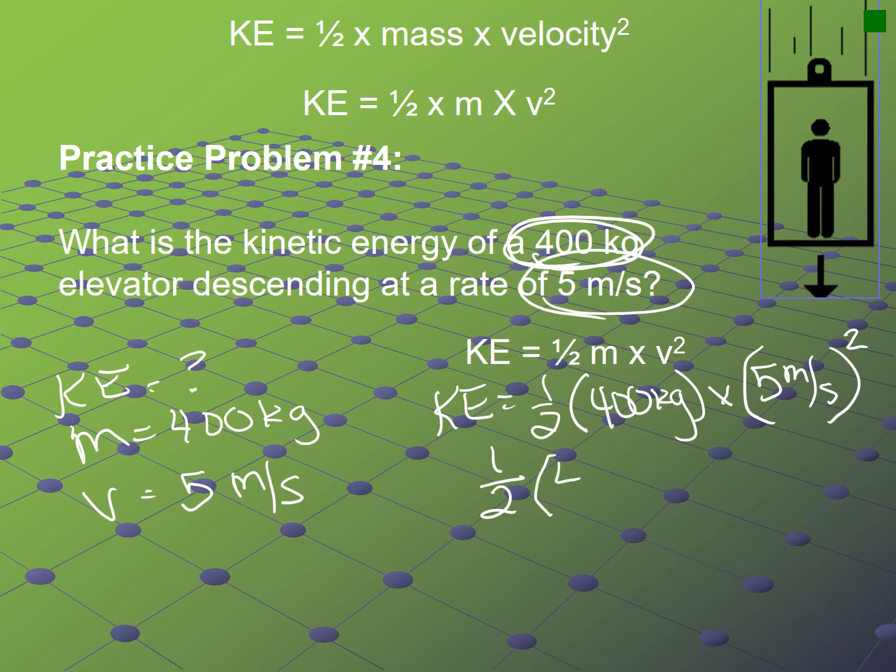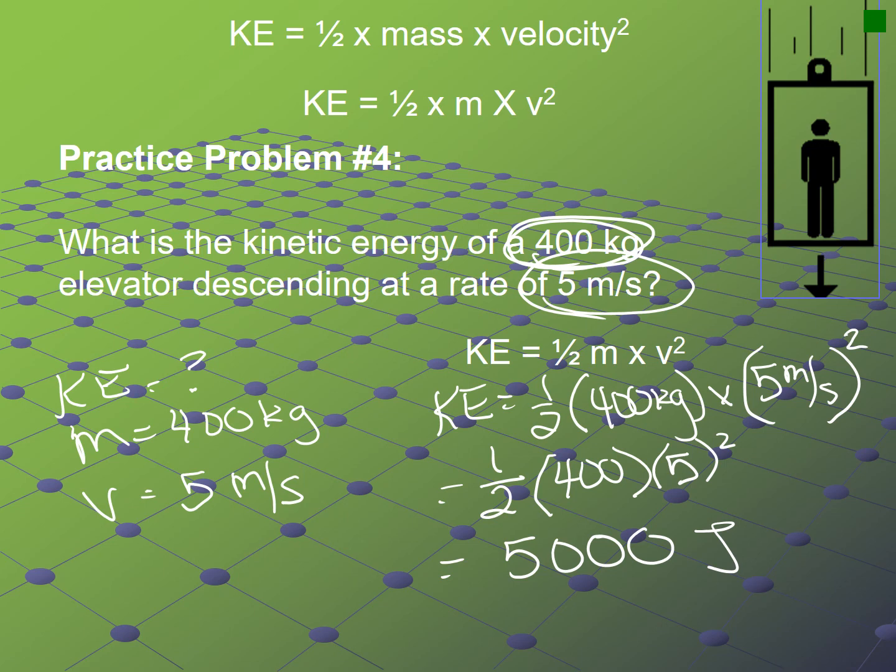So you're going to do 1/2 times 400 times 5 squared. Typing that into my calculator, I'm going to do 0.5 times 400 times 5 squared. And I get 5,000, and that would be joules, or capital J, as my unit.